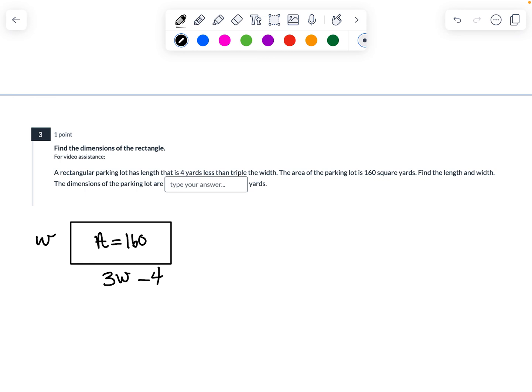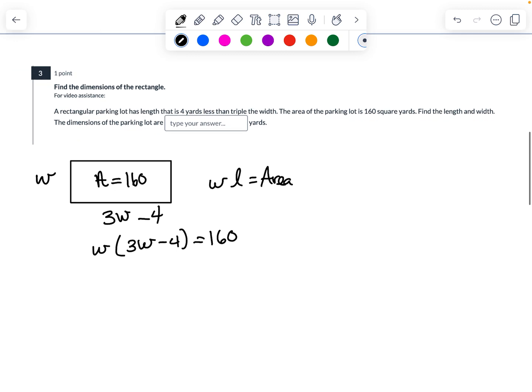So W times 3W minus 4 is equal to 160, because width times length equals the area. So 3W squared minus 4W minus 160 is going to equal 0.